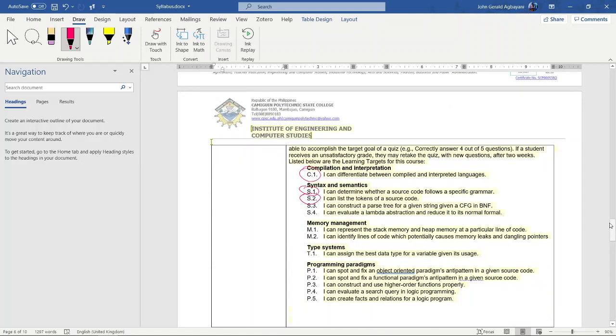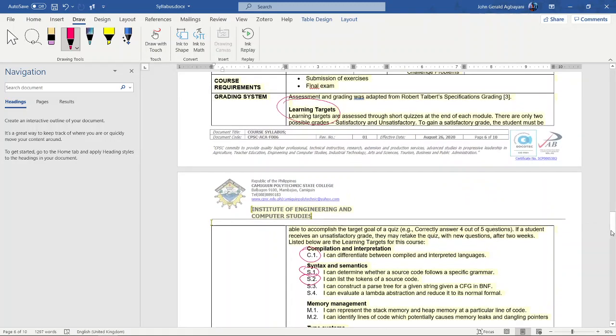It's not like 1, 2, 3, 4. So, you either get a satisfactory grade or unsatisfactory grade.